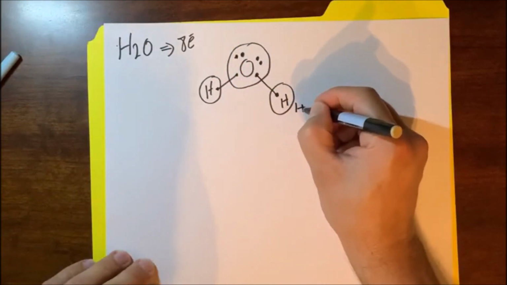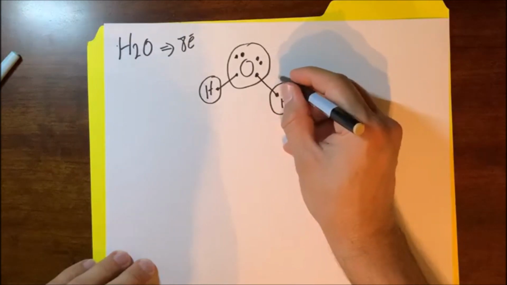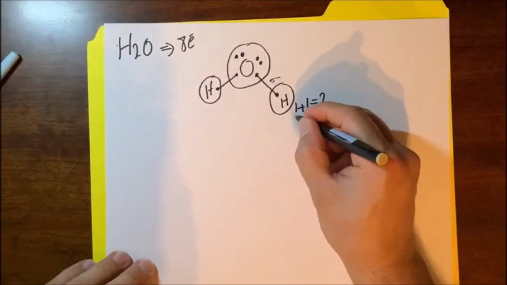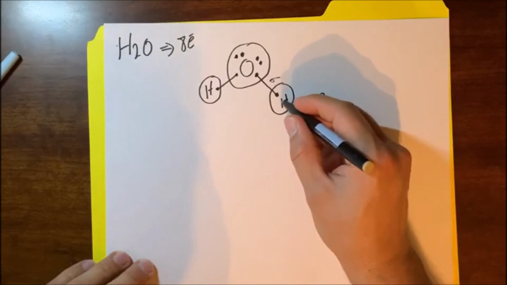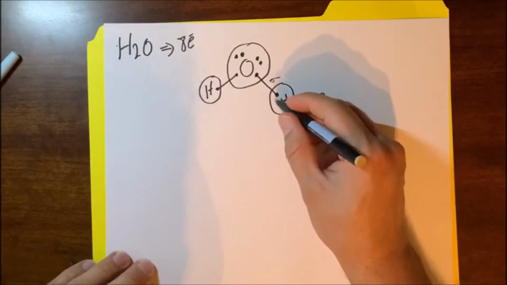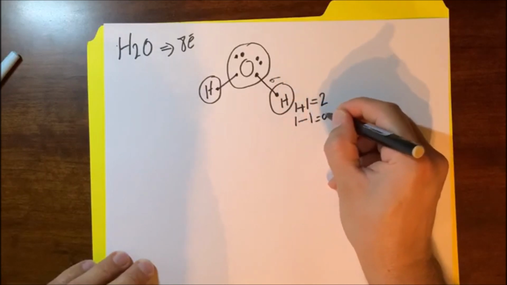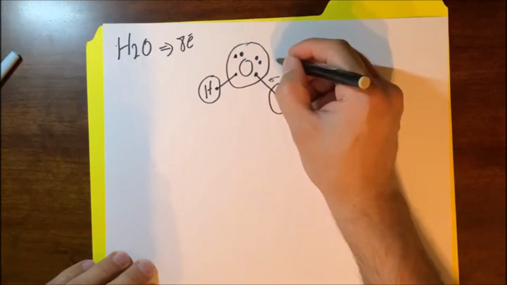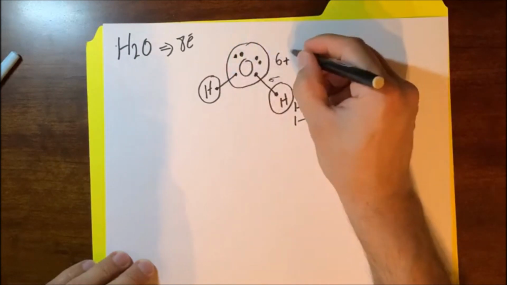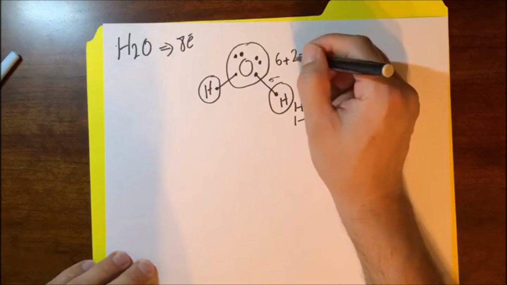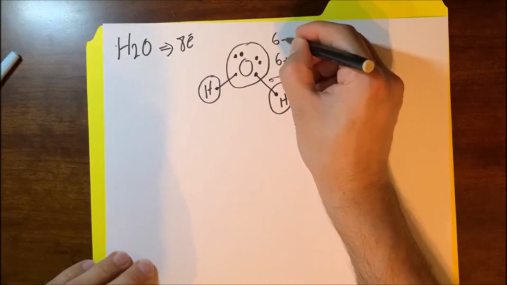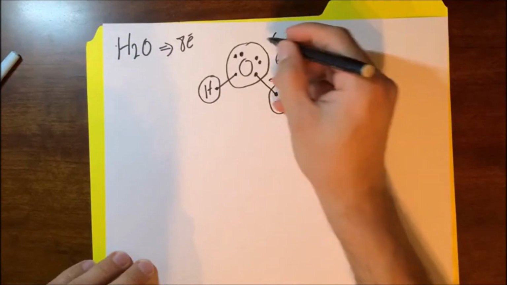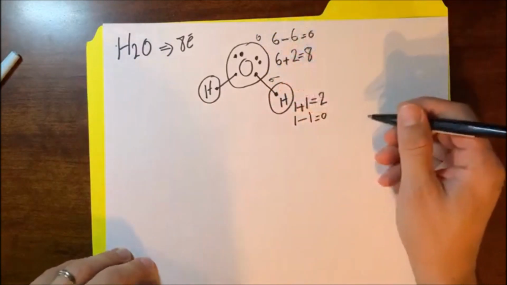Hydrogen has 1, and it got 1 through sigma 2. Formal charge: hydrogen is a group 1, minus, I see only 1 electron inside the circle, 0. Oxygen, I see 6 electrons plus 2 sigma, 8.